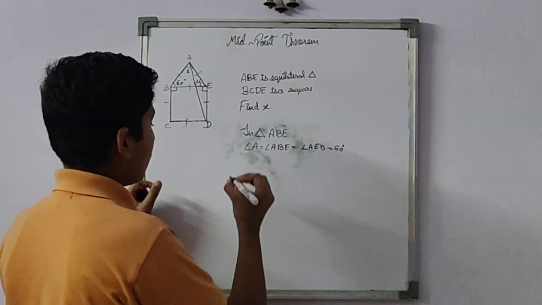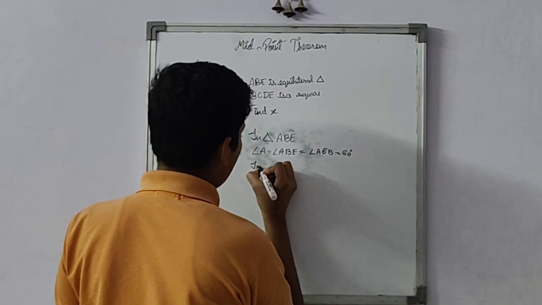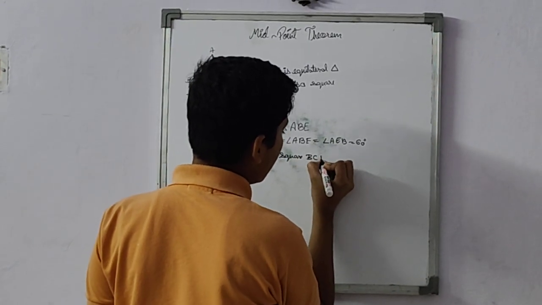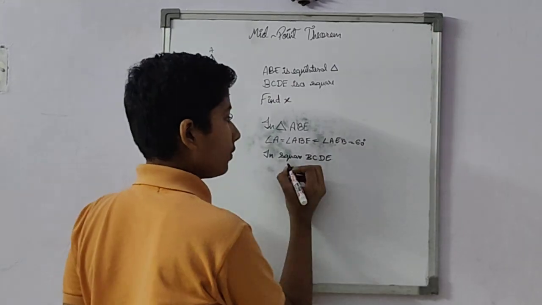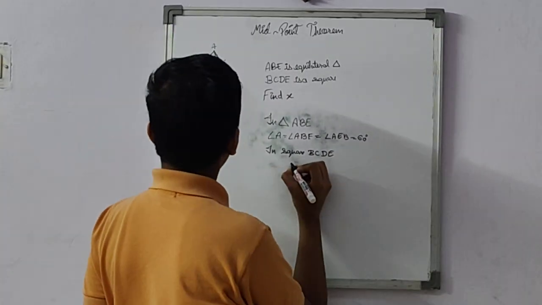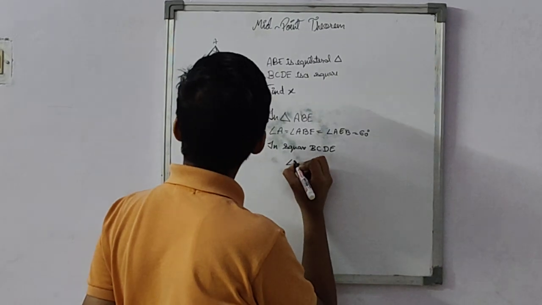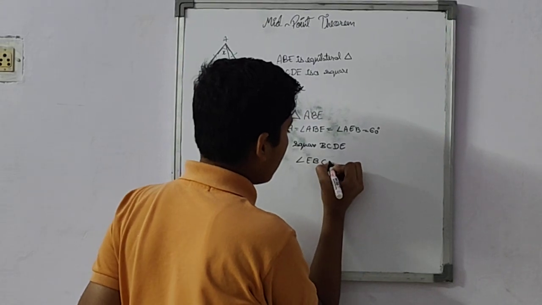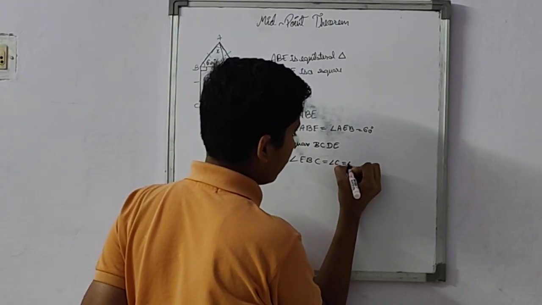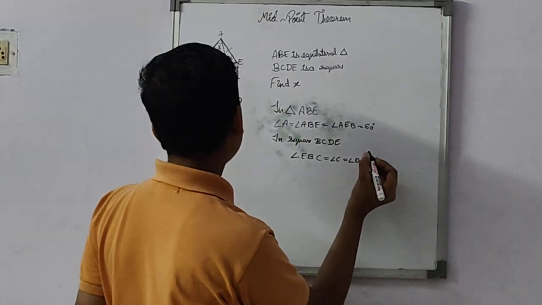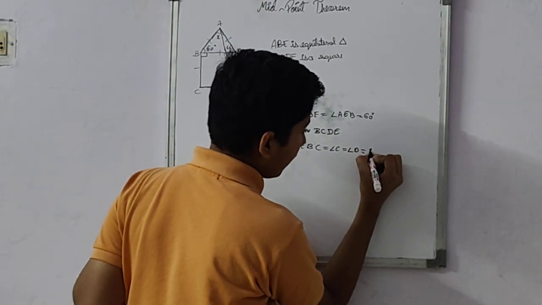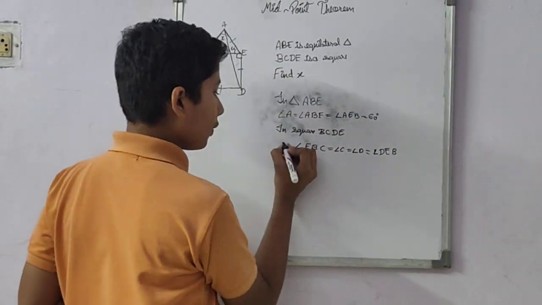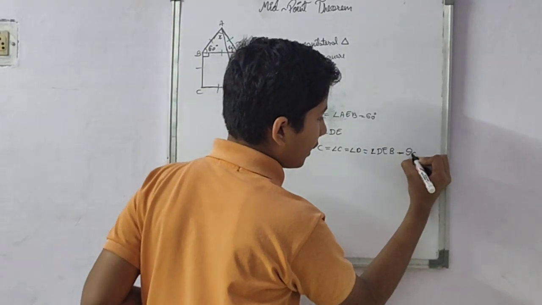And in square BCDE, angle EBC equal to angle C equal to angle D equal to angle DEB, equals 90 degree.